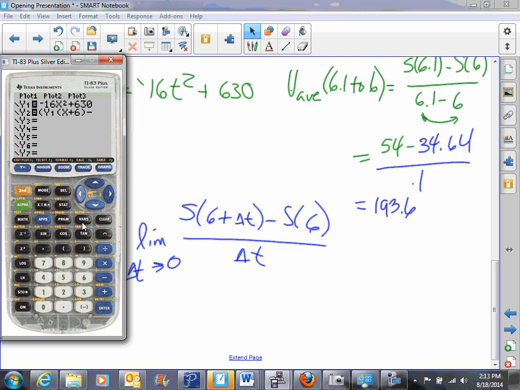Sorry about that. Vars, Y-Vars, Function, Y1 of 6, close the parentheses for the numerator, divided by delta t, which I'm using as x here.